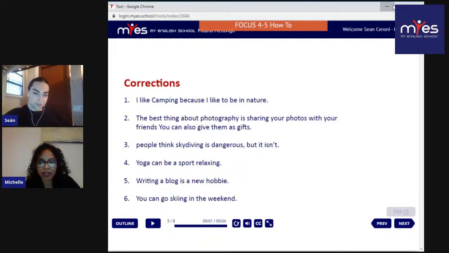Right at the beginning, I can see that camping is with a capital C. We usually reserve a capital letter at the start of a word for proper nouns. So, for example, people's names and countries' names would have that, but we would not use it for a basic noun or a verb like camping.